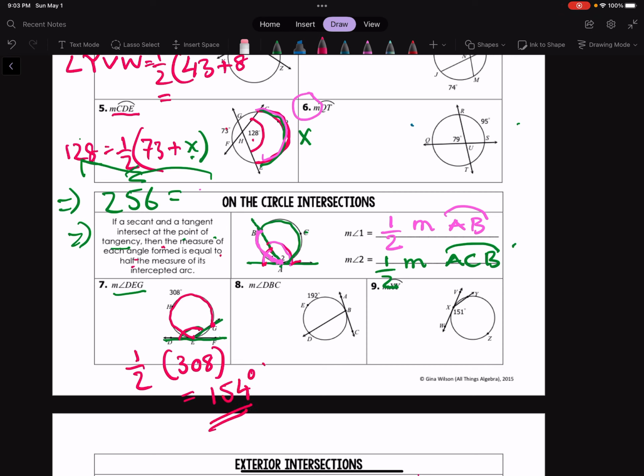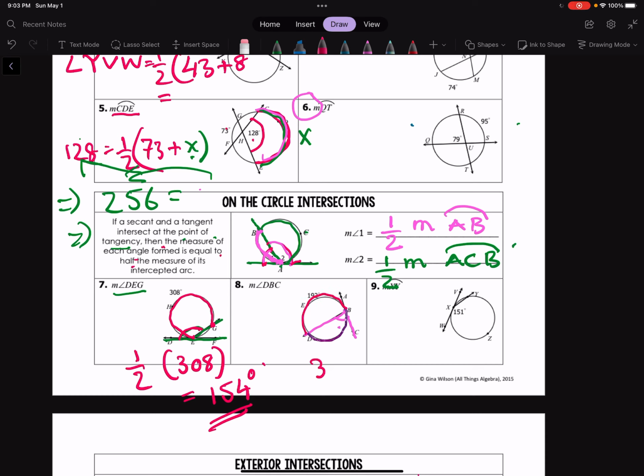Okay, and then once you go for 8, what do you see? You see DBC. They want us to find DBC, this angle. So this should be half of the measure of this intercepted arc. How do I get that? I am given this part, 192.